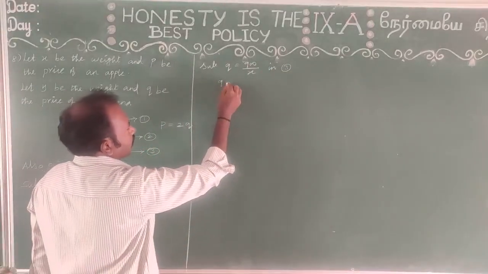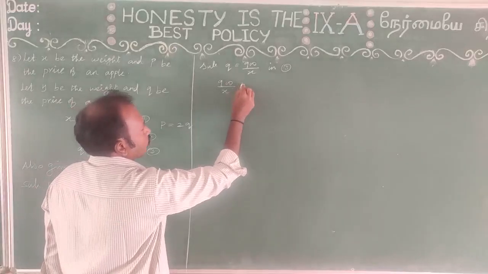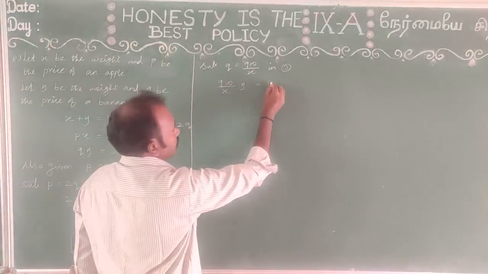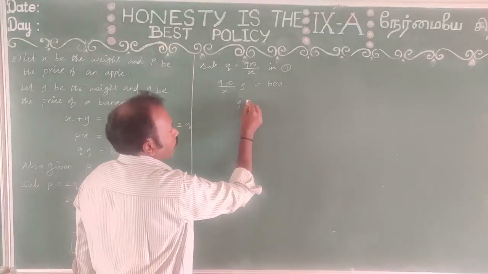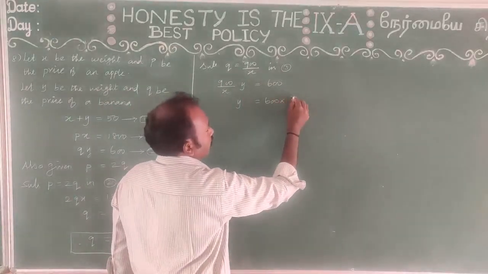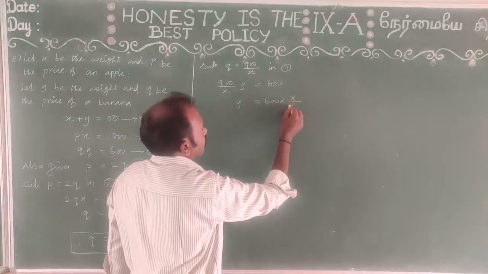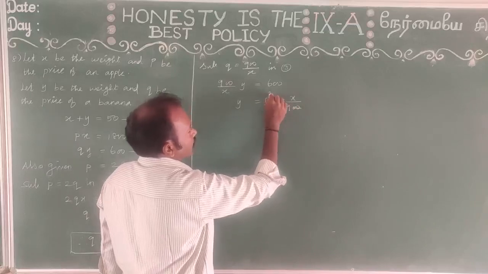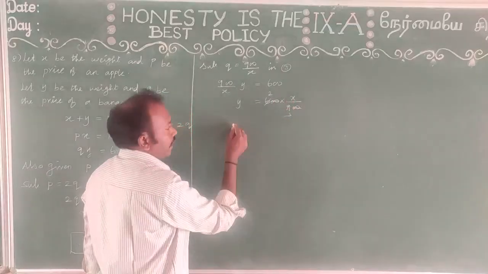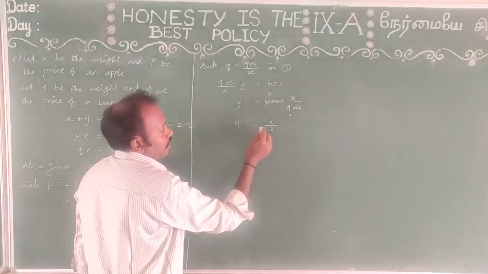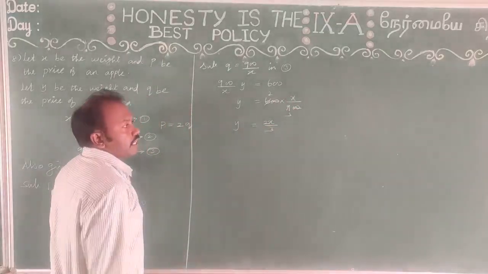That means 900 divided by x into y is equal to 600. Then y is equal to 600 into the reciprocal, we multiply, x divided by 900. 0 0 cancel. 2 threes are 6, 3 threes are 9. Therefore y is equal to 2x divided by 3.